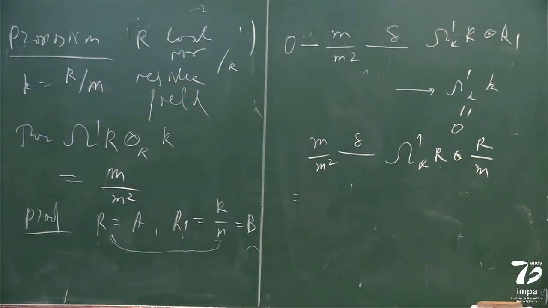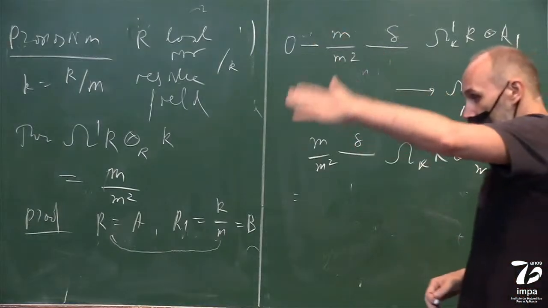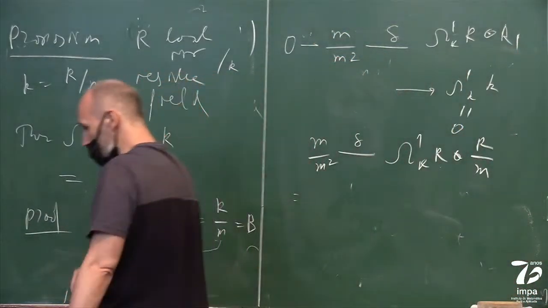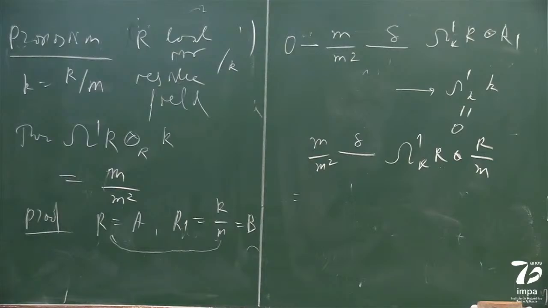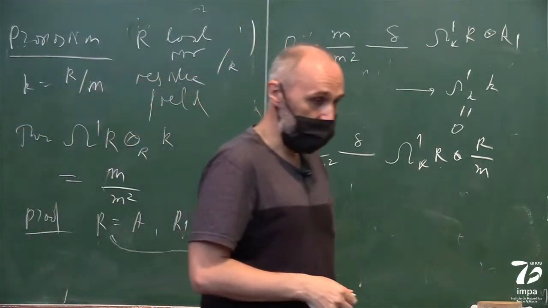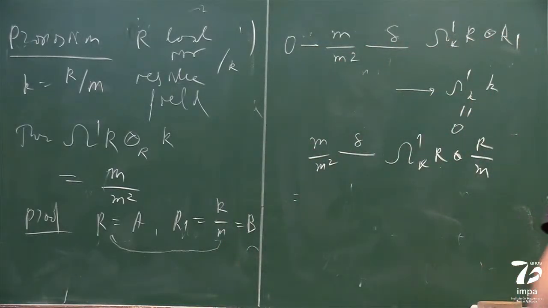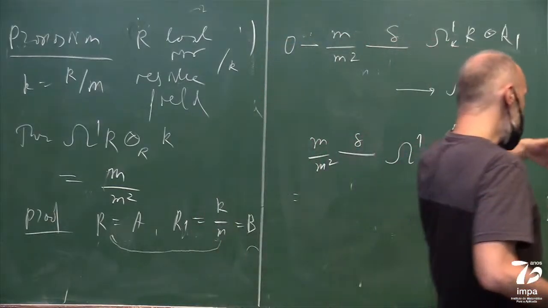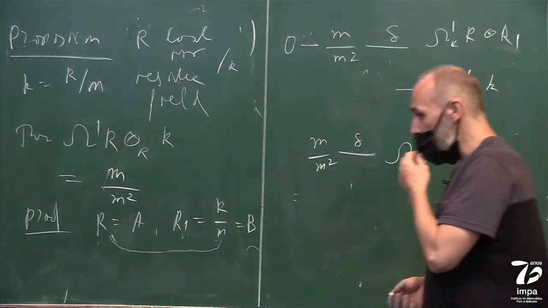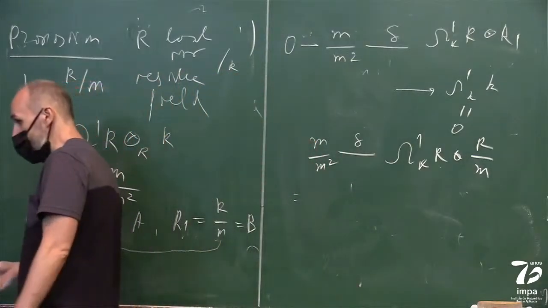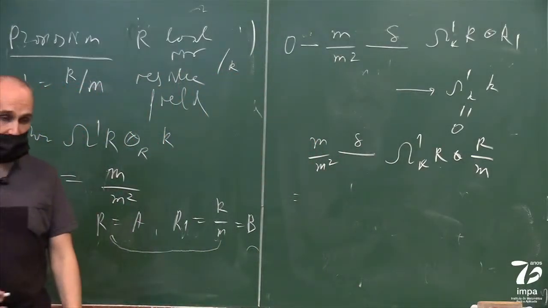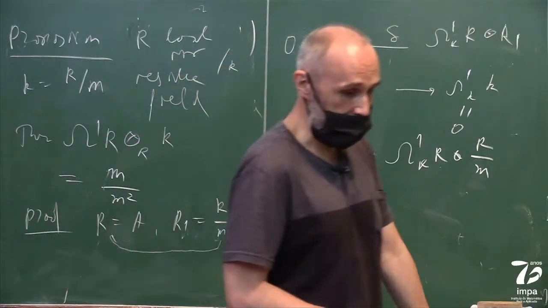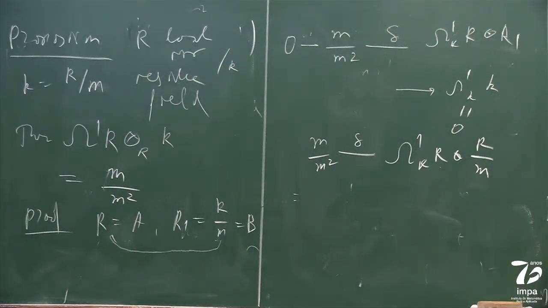Why do we need it? Because we want an inheriting property: we want to express Kähler differentials of a quotient ring from the Kähler differentials of a ring and relations. This is possible because we have this exact sequence, and this gives us a way to describe the Zariski cotangent space of a subvariety using the Zariski cotangent space of a variety.